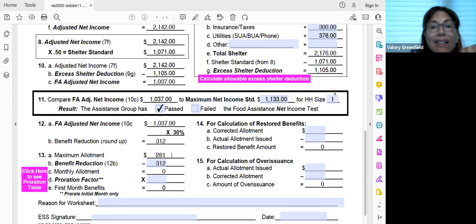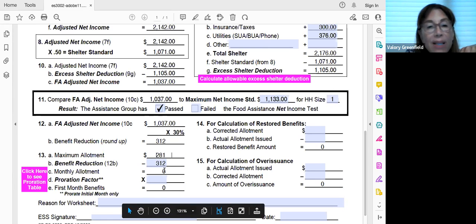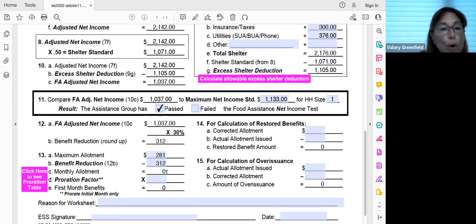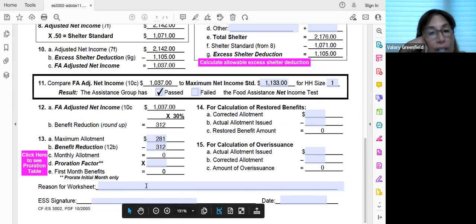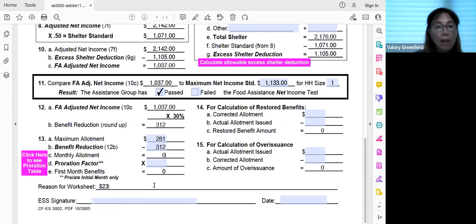They're going to at least get the minimum allotment, which we know from Appendix A1 is $23. So, Cindy, go down to reason for worksheet, down there at the bottom, underneath all these calculations, and type in 23, just to remind us that he's going to get that minimum allotment. Okay, so that's the worksheet for this guy.